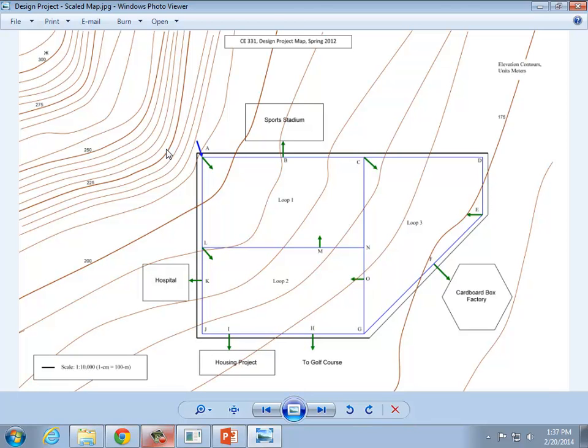That's one condition. And then condition two that you have to compare is the maximum daily flow, so that means the average daily flow rate during the 24-hour period that is the maximum day of the year, plus the fire flow that I've specified.